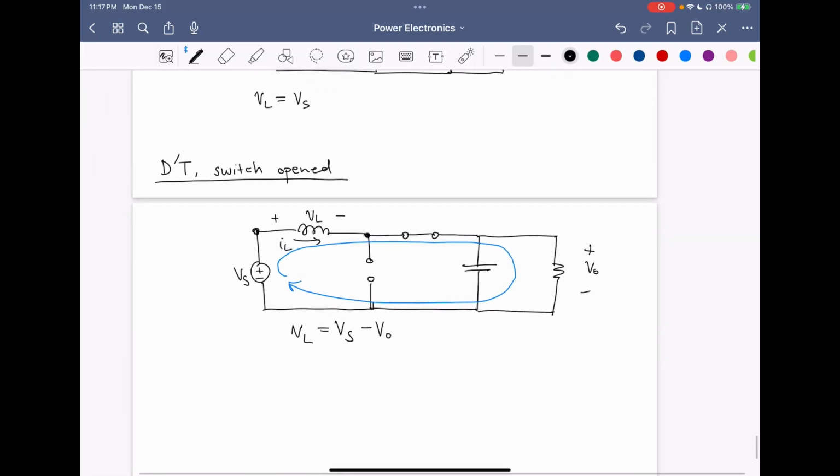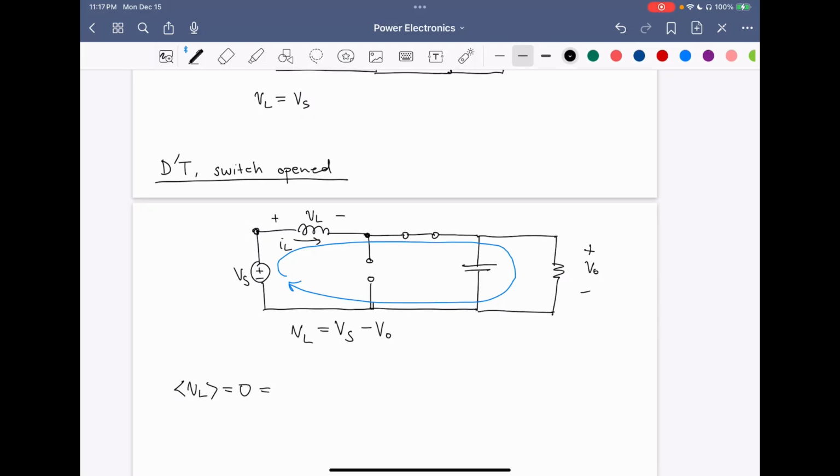And because we're operating in periodic steady state, we can apply the principle of inductor volt-second balance, which states that the average inductor voltage across a period is equal to 0.